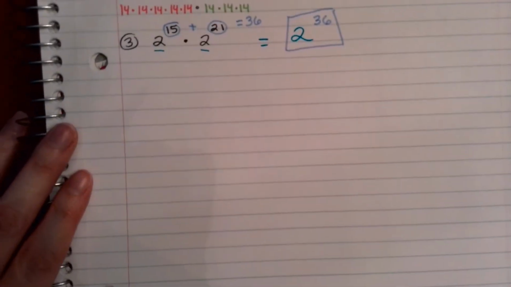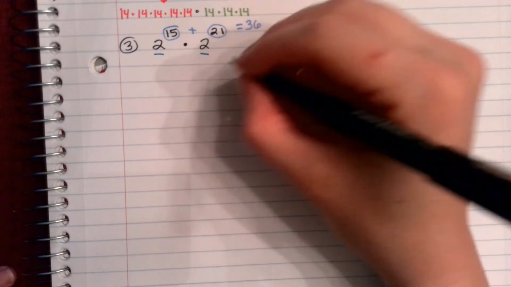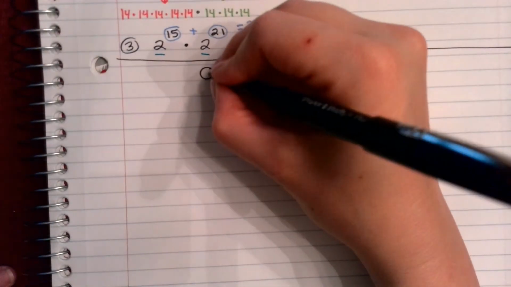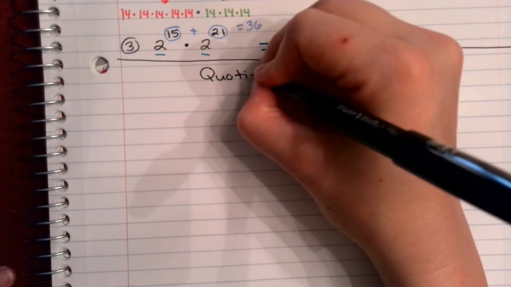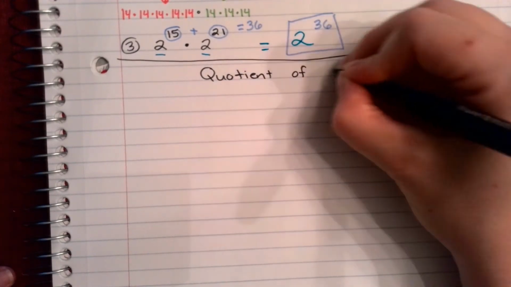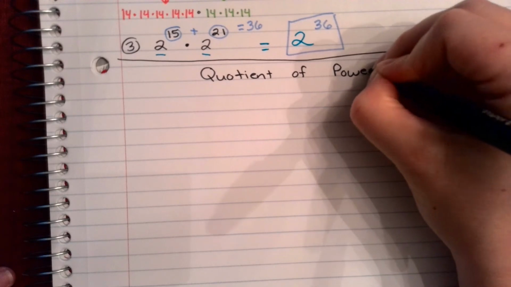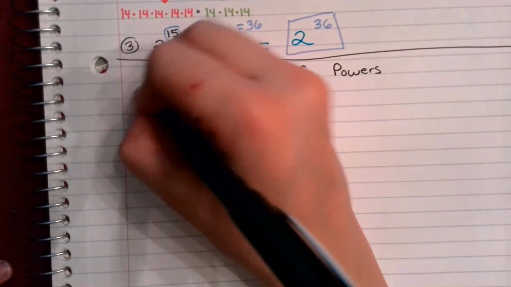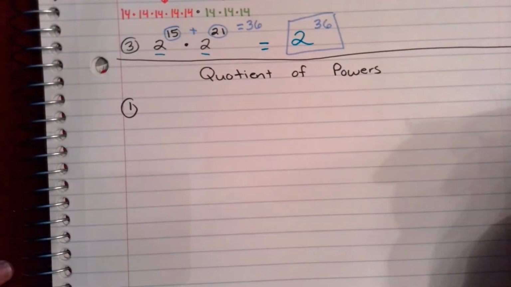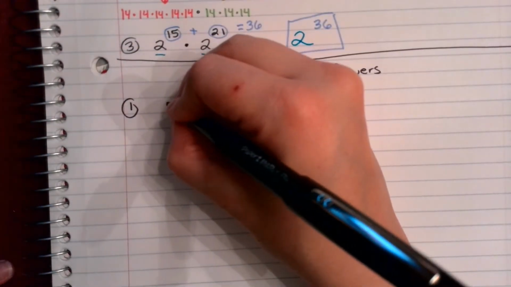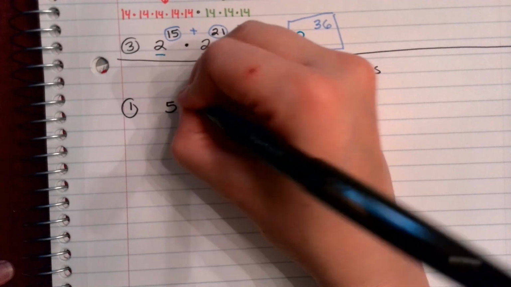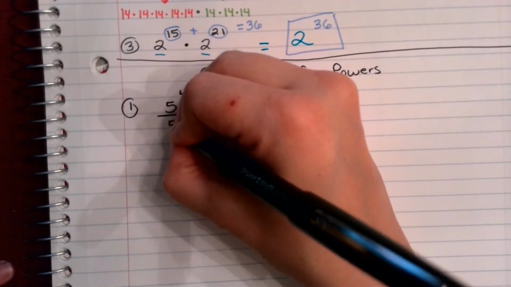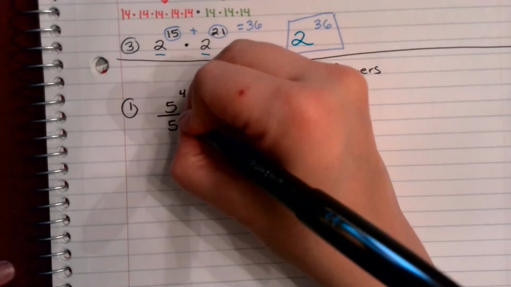So let's take a look at some quotient of powers. The quotient of powers is very, very similar. So let's say that we have 5 to the 4th power, and we are dividing it by 5, which is 5 to the 1st.